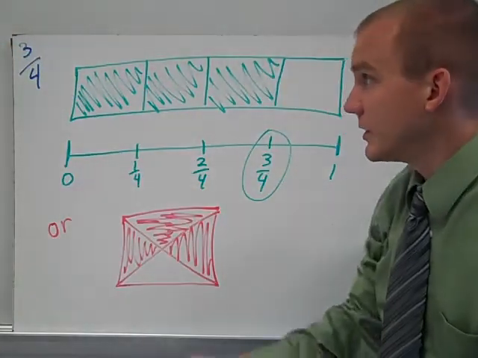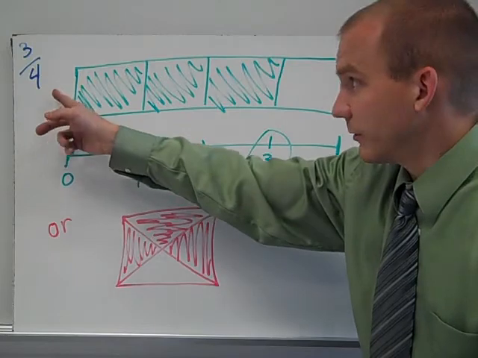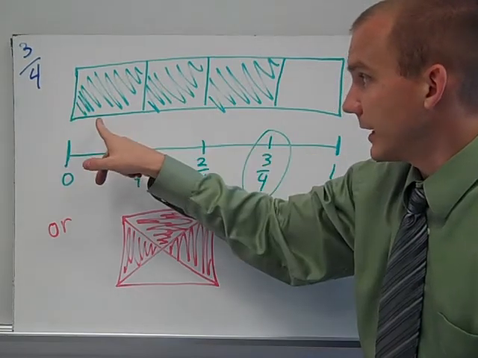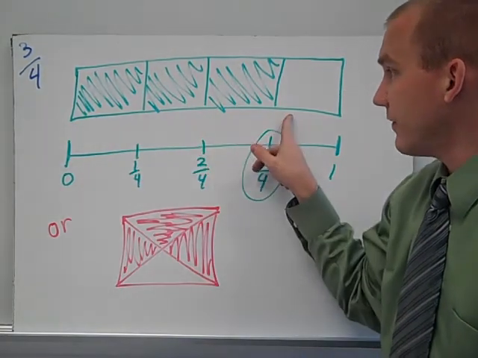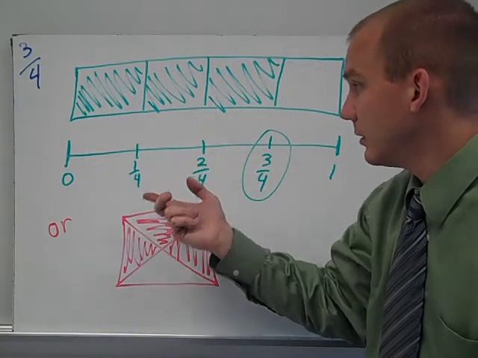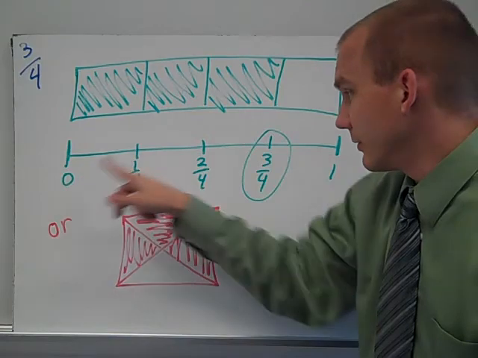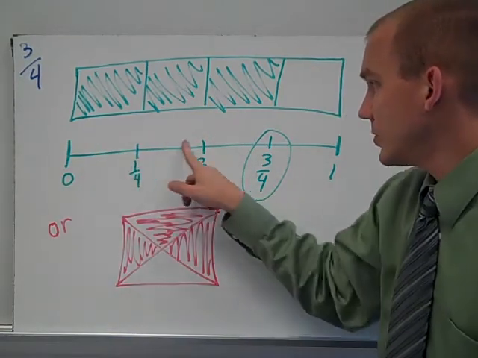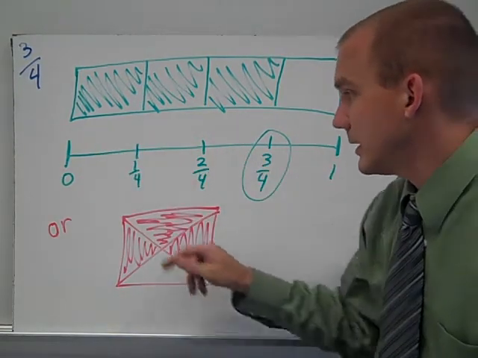Here are some examples. 3/4. So the fraction 3/4 can look like this. You have 1, 2, 3, 4 parts in this rectangle, and 1, 2, 3 of them are shaded in. Or you have a number line, 0 and 1, and there are 1, 2, 3, 4 equal parts. And you can see how it counts.